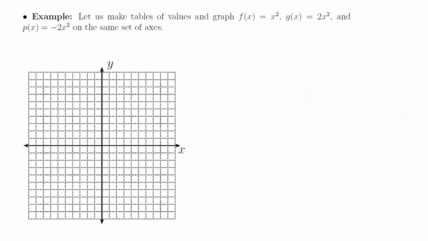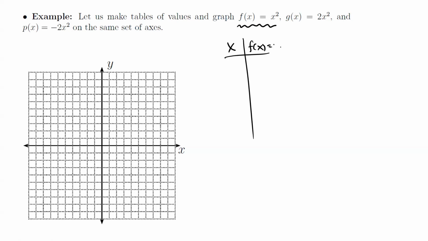All right, so one more thing that we want to be able to do is talk about what happens when we multiply our x squared by a number. So we're going to start by graphing f of x equals x squared. Now I can make a table of values for this. Actually, let's go ahead and make the table, but I'm not going to show a lot of detail.